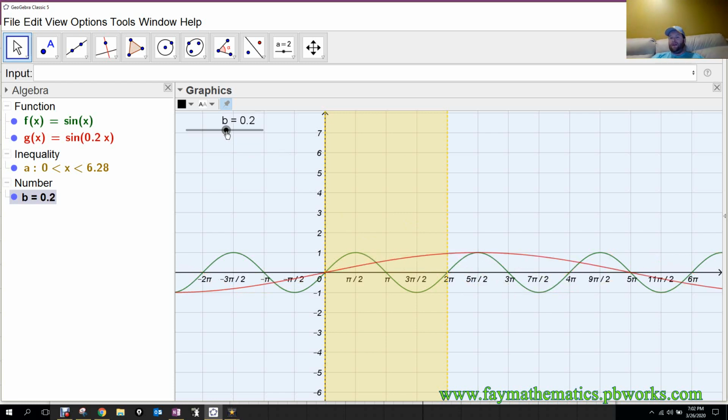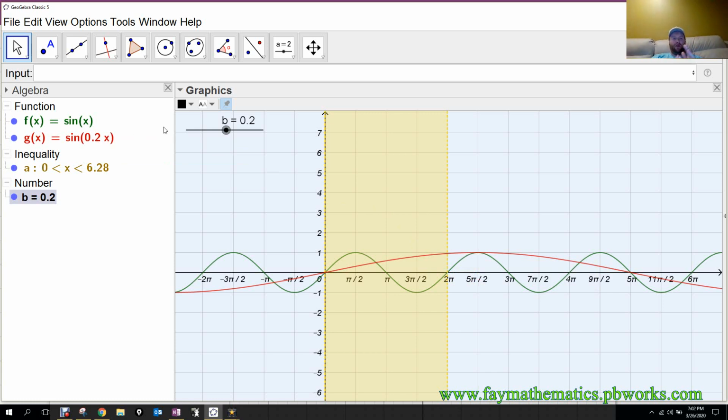And we can get even more severe with it. In this case, with 0.2 as my multiplier for x, we don't get any intersection other than at 0.